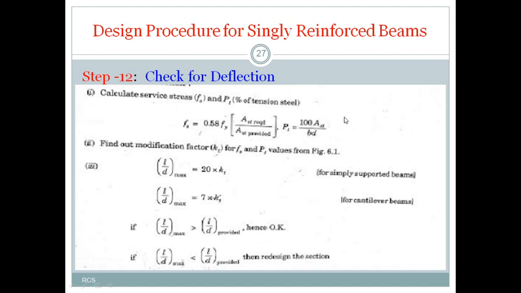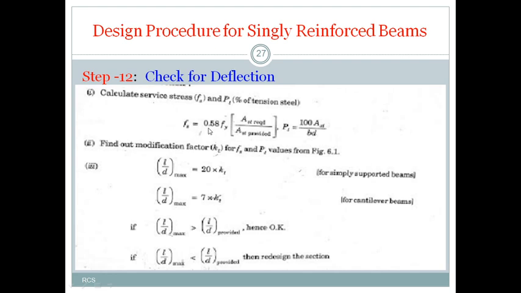And this fs can be calculated as I already discussed, that is 0.58 fy into Ast required by Ast provided. From this formula I can calculate. Sometimes this formula can be written as fs equal to 0.58 fy also, where if the denominator and numerator values are one and the same, they will get cancelled.